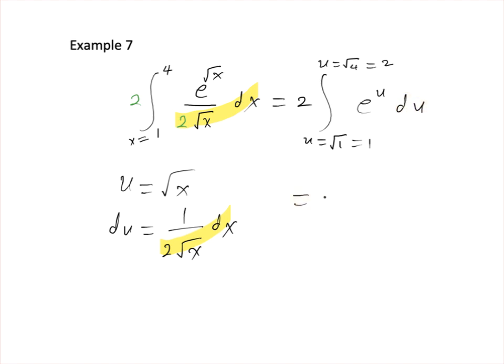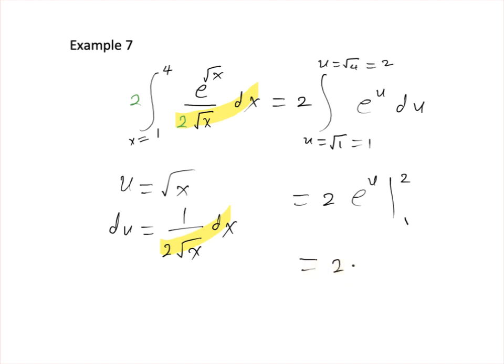And that's equal to 2 times the antiderivative of e to the u, which is e to the u. Now here we don't need to change u back to square root of x because the limits of integration already take that into account. So then we have the integral from 1 to 2. We evaluate at 2 and at 1.